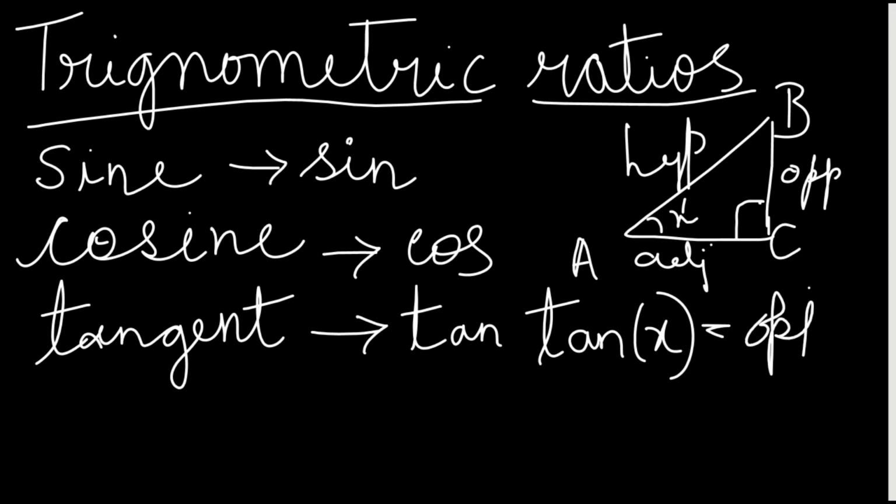We know what is opposite to X, BC, and what is adjacent to X, AC. This is how the tan of this particular angle X is determined. Okay, so this is a way to describe these three particular trigonometric ratios.